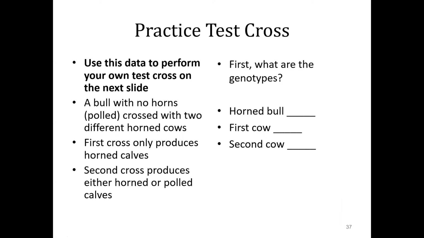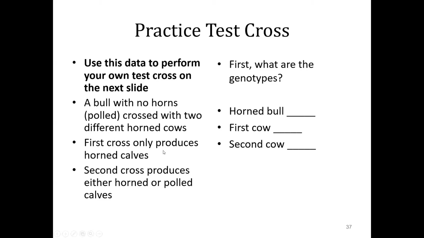You'll want to work through a few of these yourself to see if you can answer these questions. So what I've done is I've given you a situation here, and I want you to try to figure out what the genotype and phenotypes are. Well, I'll give you the phenotypes, but the genotypes of these parents. So I give you a situation with a bull with no horns crossed with 2 different horned cows.